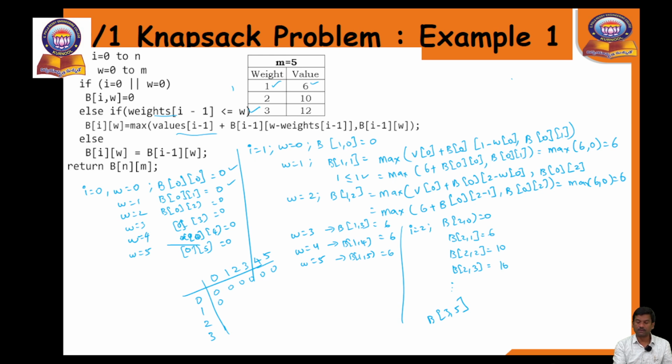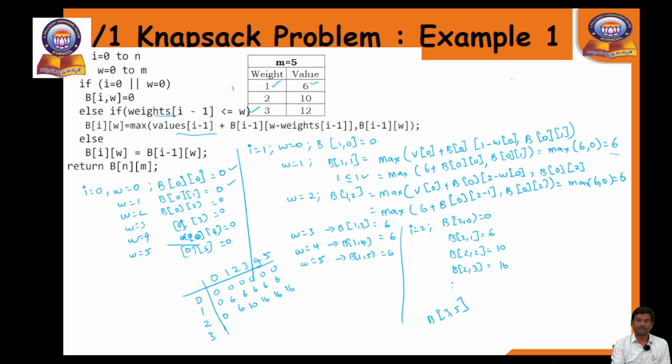If you look at B of 1 1, which is equal to 6, B of 1 2 is equal to 6, 1 3 equal to 6, 1 4, and similarly 1 5. And similarly, if you consider B of 2 0, equal to 0, B of 2 1 equal to 6, and B of 2 2, which is equal to 10, and B of 2 3, which is equal to 16, B of 2 4 equal to 16, and B of 2 5 equal to 16.